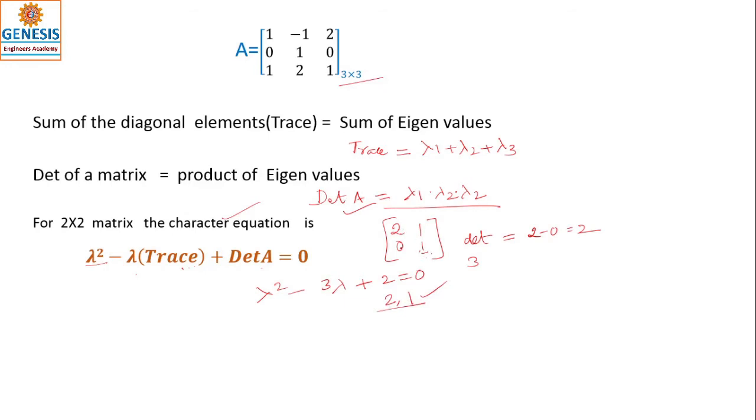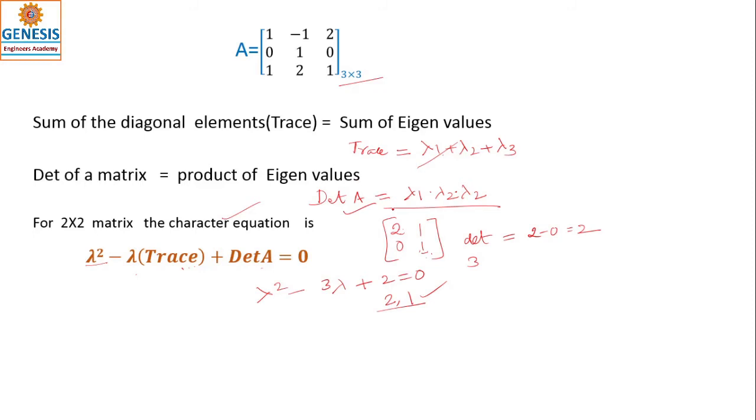In this case, the diagonal elements and eigenvalues are the same. That is the thing we are telling: lambda 1, lambda 2, lambda 3 are the eigenvalues, but the diagonal elements are also equal to them, which is why we get it like that.